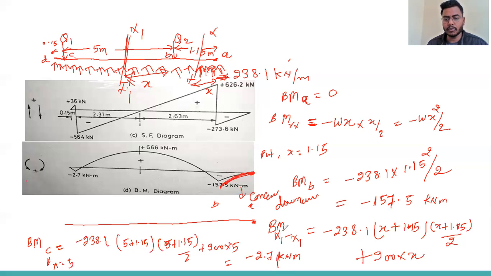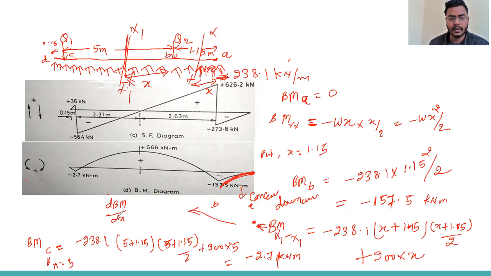You can check the variation also by differentiating this equation with respect to x. So we'll get at what location the bending moment will be maximum. We do the operation dM by dx, and by equating this to zero, you will get the value of x at which the moment is maximum, and that comes to 2.63.